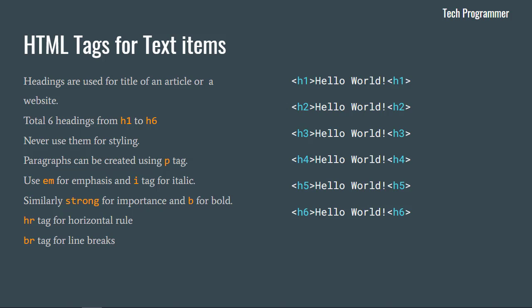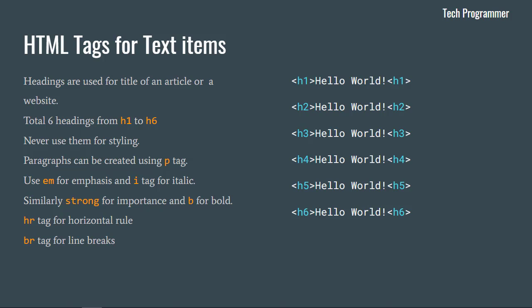They start with H and end with a number 1 to 6. Each of these headings has semantic meaning, meaning H1 is more important than H6 in your web page. So the main title of the web page is usually going to be the H1 and the subtitles are going to be H2 or H3.